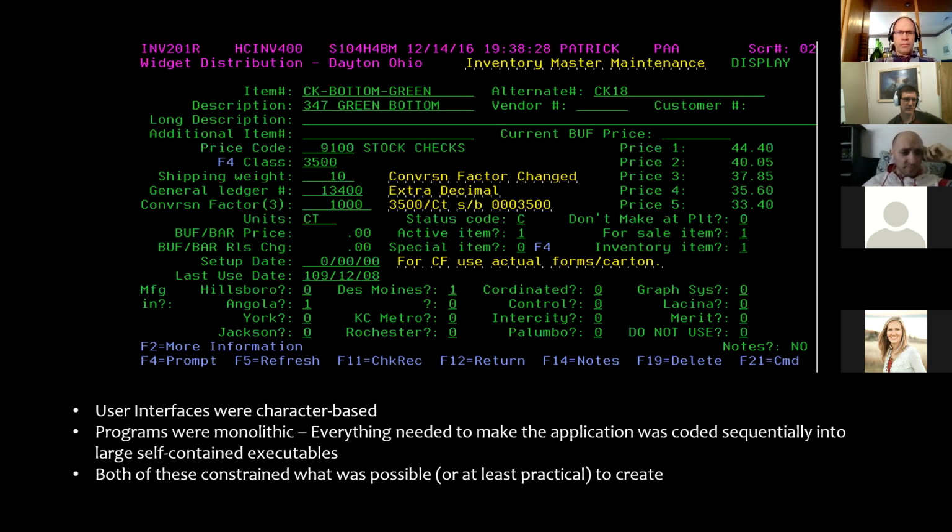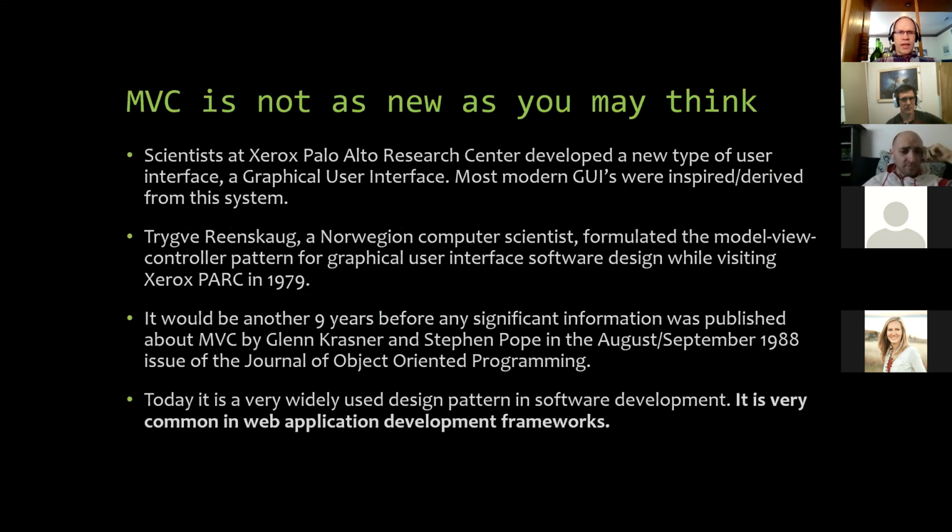And it was in the 70s that folks started to think about maybe different ways of using computers rather than just this character-based interface. And really, it was scientists at the Xerox Palo Alto Research Center that did a lot of work that sort of generated what we have today as modern graphical user interfaces.